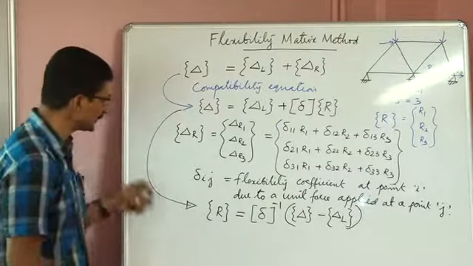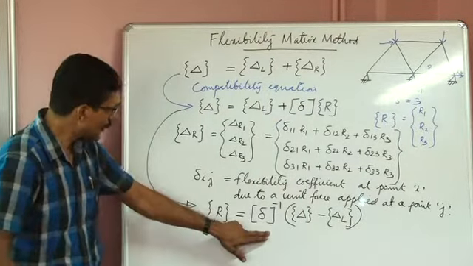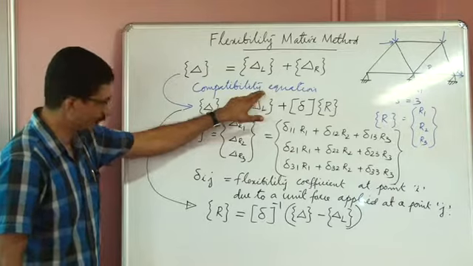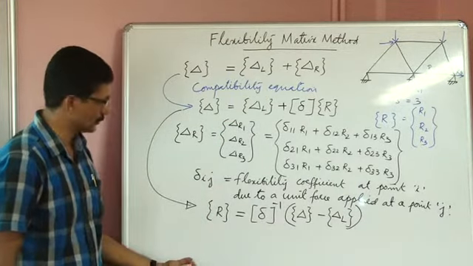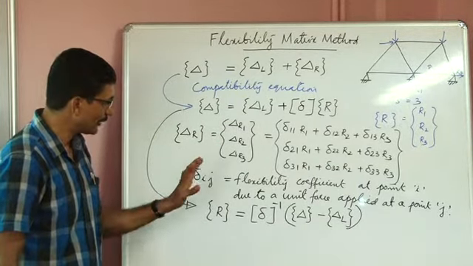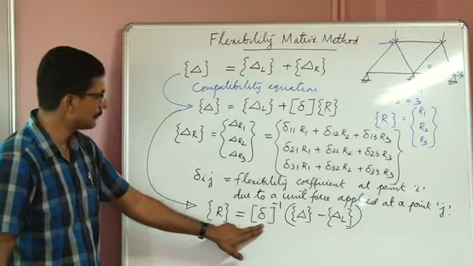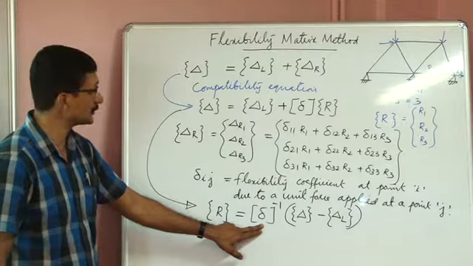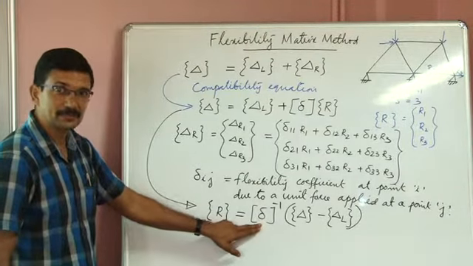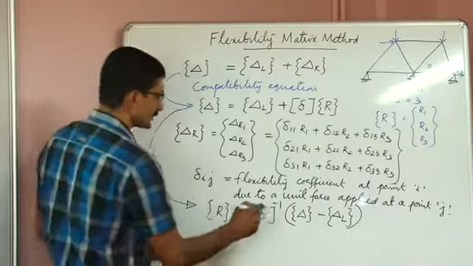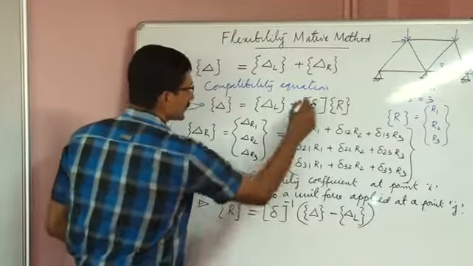You can see that this is nothing but the solution of the compatibility equation in matrix form. That is all. So what we require here essentially is the development of this delta matrix. That is known as the structure flexibility matrix. We call this matrix the structure flexibility matrix.